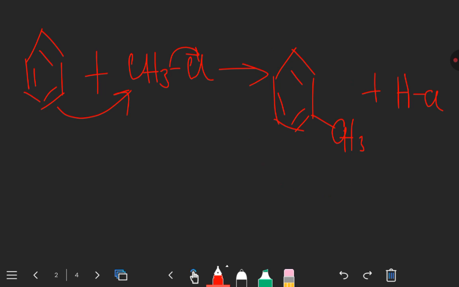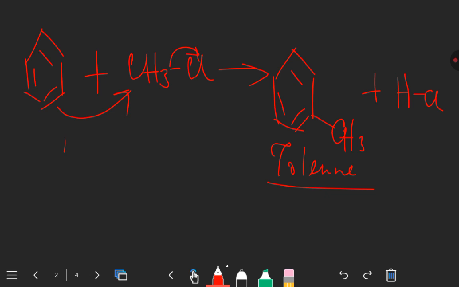When you have a methyl benzene, it has a chemical name which is also known as toluene. So toluene is simply a methyl benzene in chemical terms. So these are the products it forms.